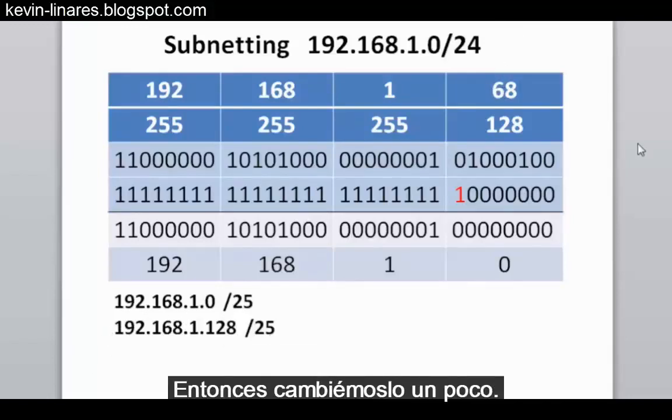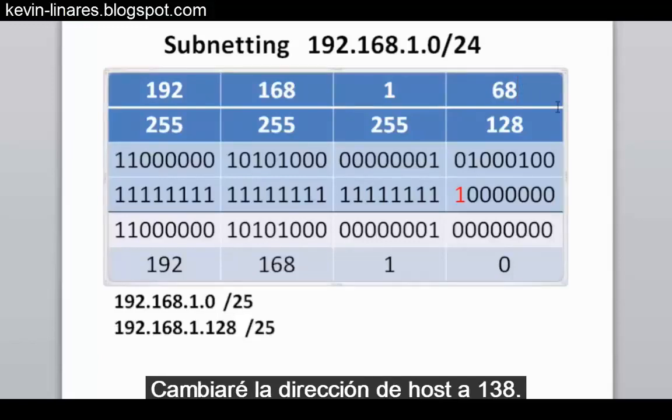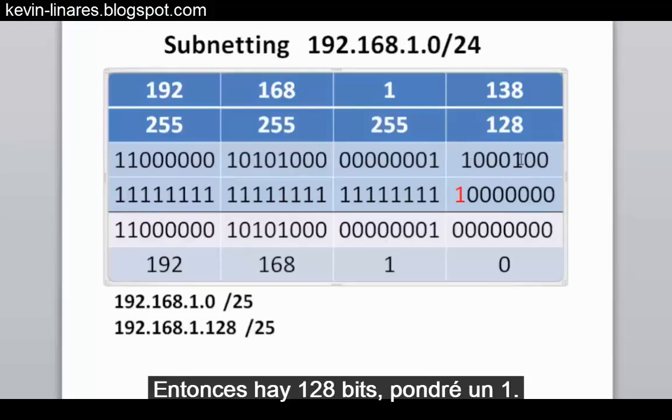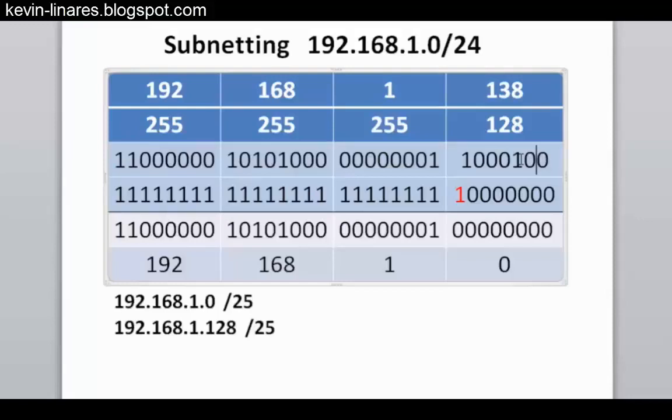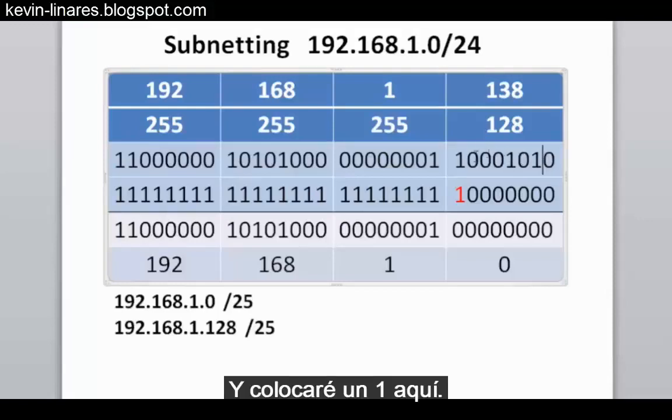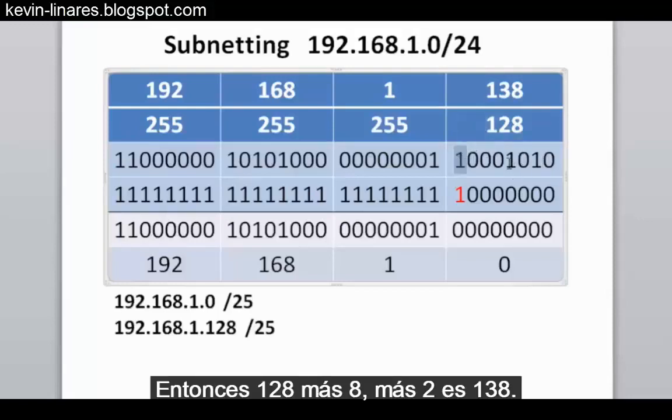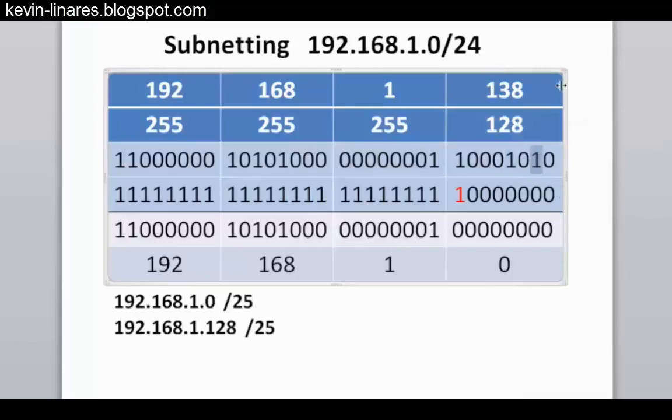So let's change it slightly. I'll change the host address to 138. So now I'll change this, put that as 0. So there's a 128 bit. I'll make this a 1, and I'll put a 1 here. So 128 plus 8 plus 2 is 138.